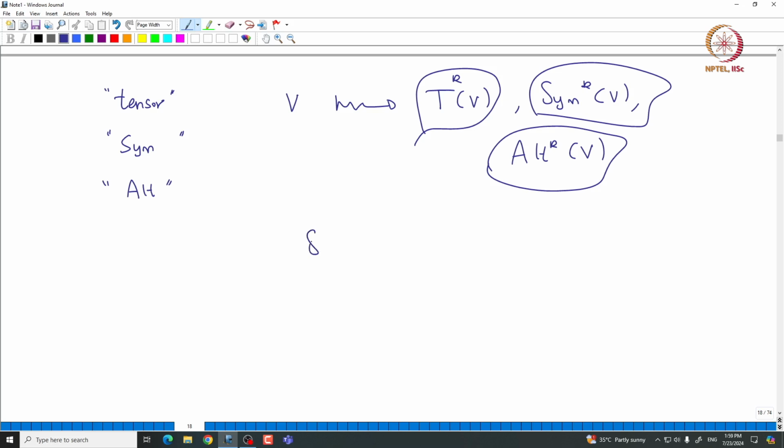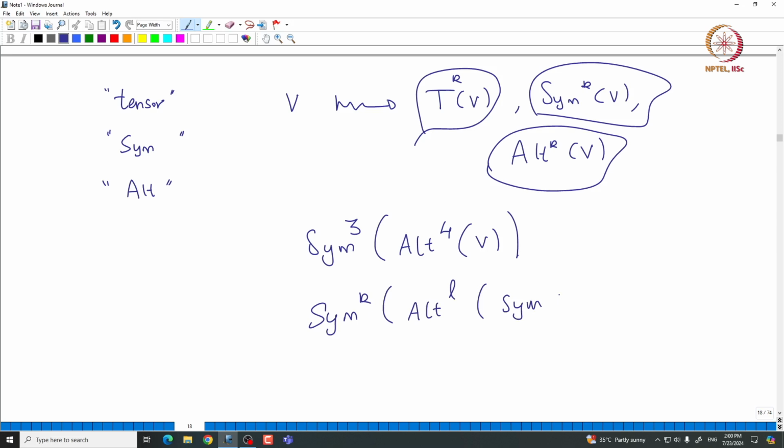One can take sim power 3 and then alt power 4 on some representation V, and similarly one can take the dual, sim power k and then alt power L, and then again apply sim power L dash on some V, and then take the dual and so on.